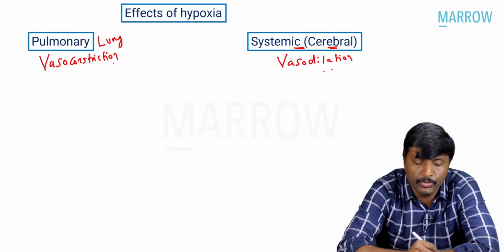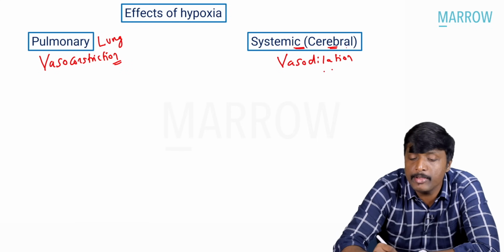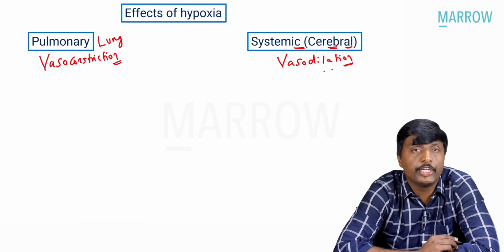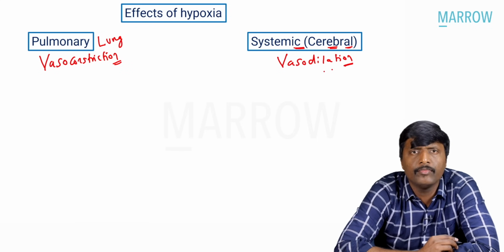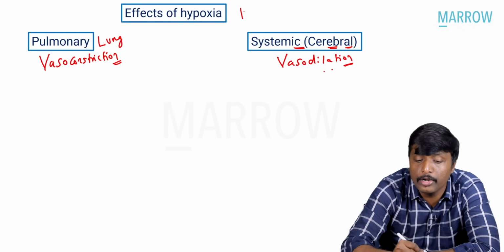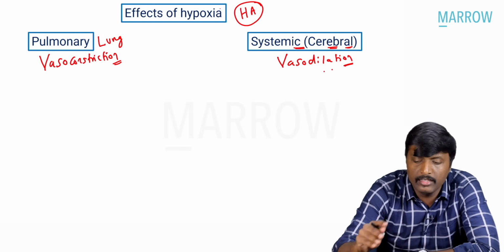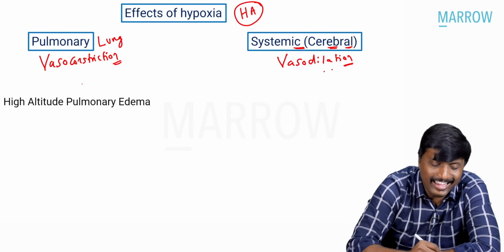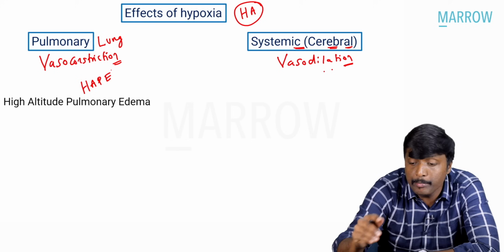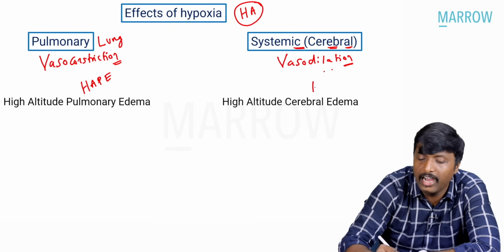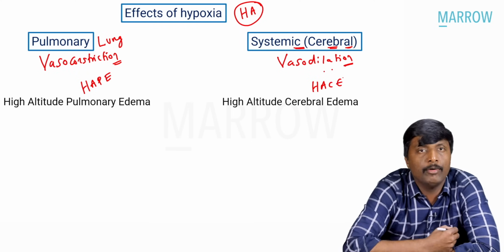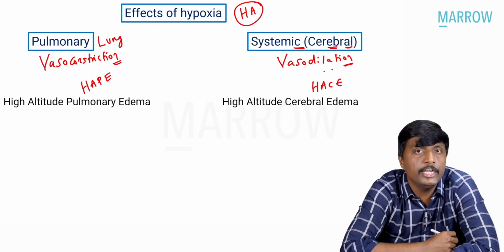Both are problematic. In high altitude, it is always hypoxia that is the culprit. In the lung, there is edema, we call it high altitude pulmonary edema. In the brain, there is edema, we call it high altitude cerebral edema. The question is about high altitude cerebral edema.